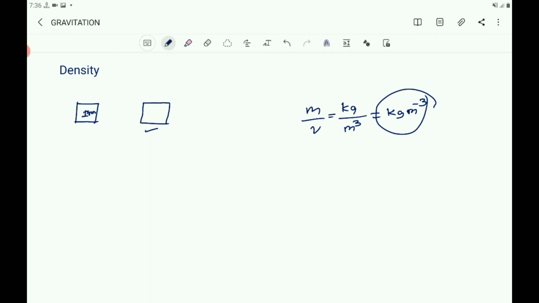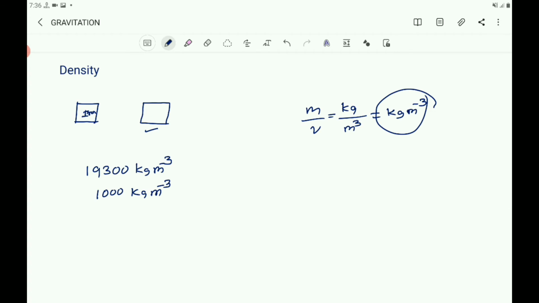This density is different for different substances. So, if you take gold, the density of gold is 19,300 kg per meter cube, or kg m power minus 3. And the density of water is 1000 kg m power minus 3.